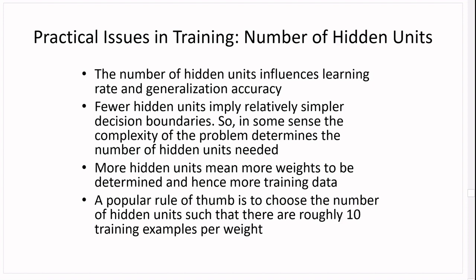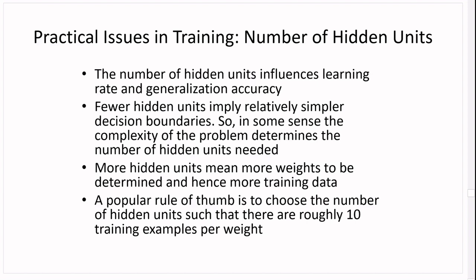The number of hidden units, of course, is to be determined by you when you are building a model. And what people have seen is that if you are using fewer hidden units, you end up with relatively simpler decision boundaries. If you have many more hidden units, you will end up with complex boundaries.